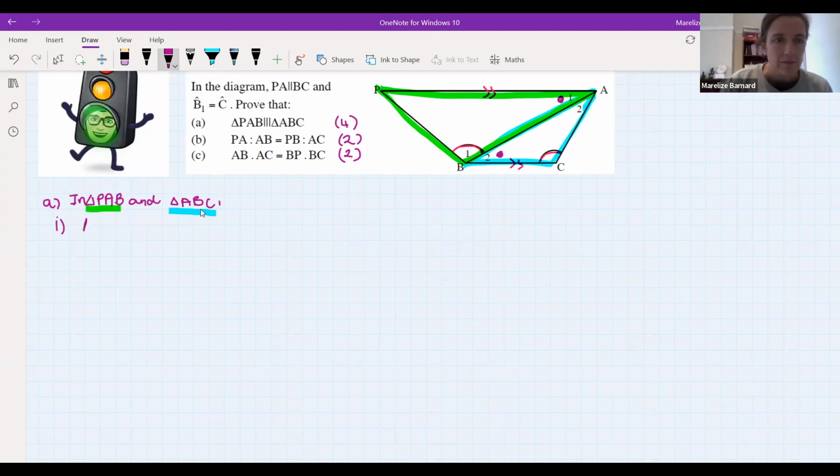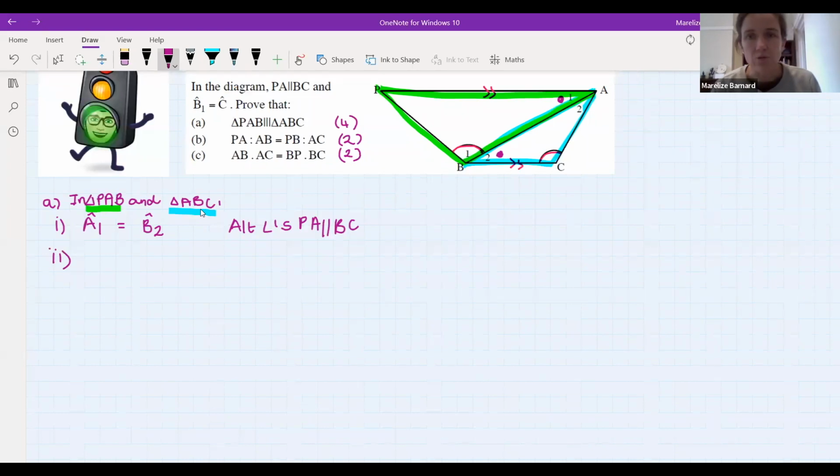We can say that angle A1 is equal to angle B2, and the reason for that is alternate angles, PA is parallel to BC. Don't leave that out. Your reason must be exactly like that, otherwise they do penalize for that, unfortunately. Then we've got angle B1 is equal to angle BAC, or just angle C, and that was given.